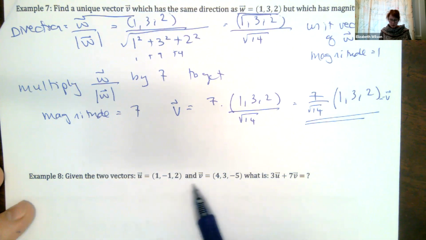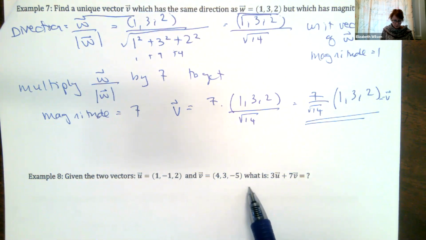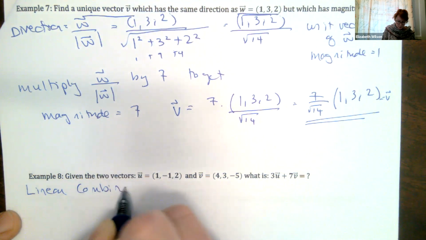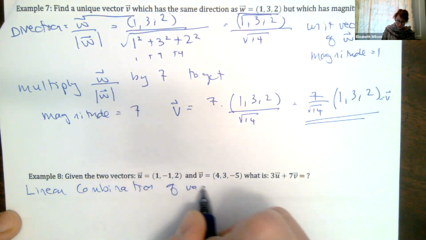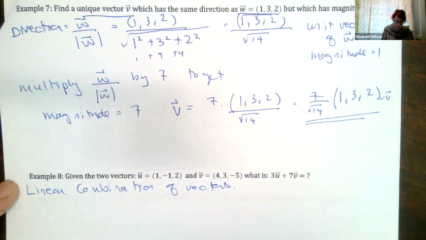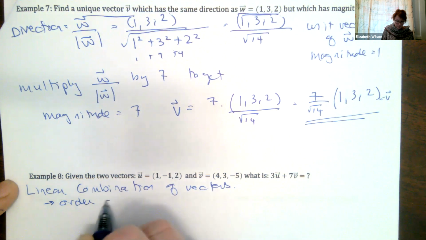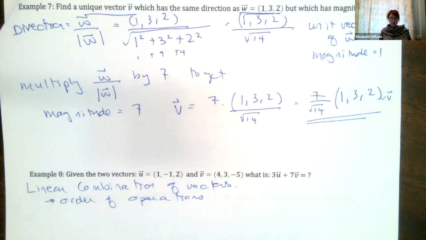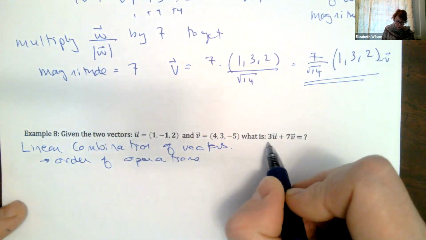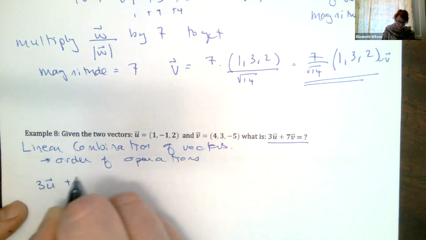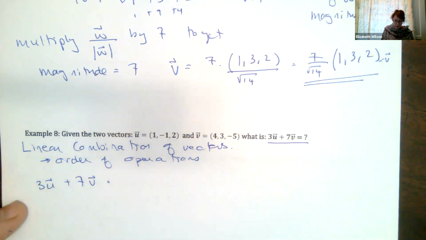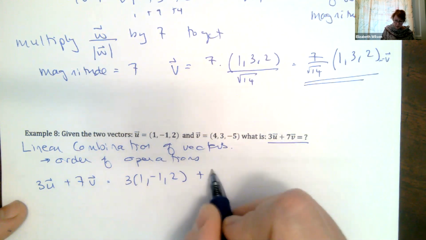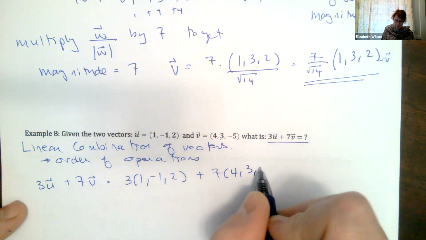This last one here is what we call a linear combination of vectors. And you have to remember your order of operations. I can add and subtract my vectors as though it was an equation. So 3u plus 7v. I'm going to say 3 times u, 1, minus 1, 2, plus 7 times v.